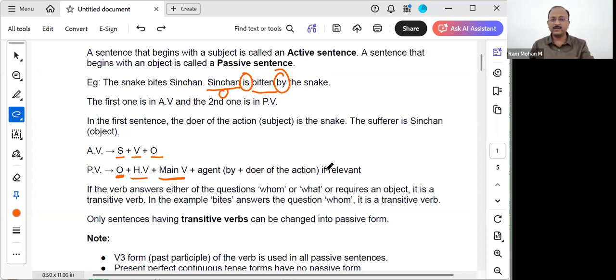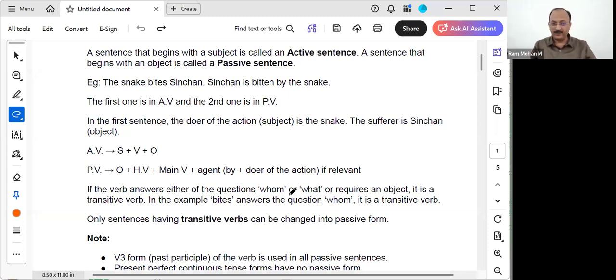So suppose there is a sentence with a verb like: I am writing a book. What am I writing? I am writing a book. So the verb here, writing, is answering the questions of what or whom.